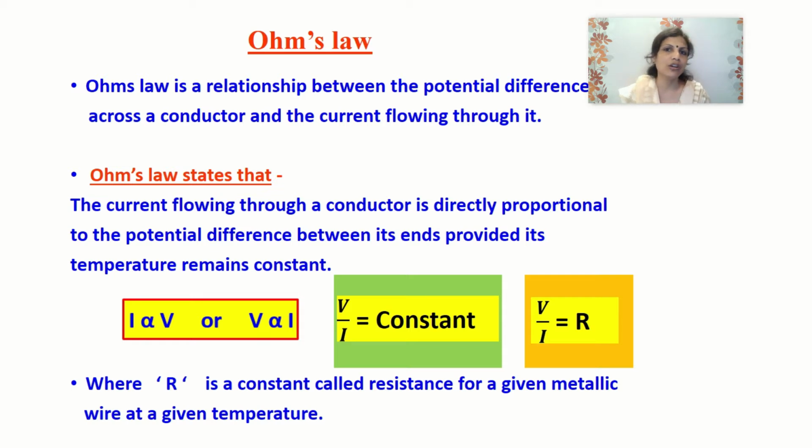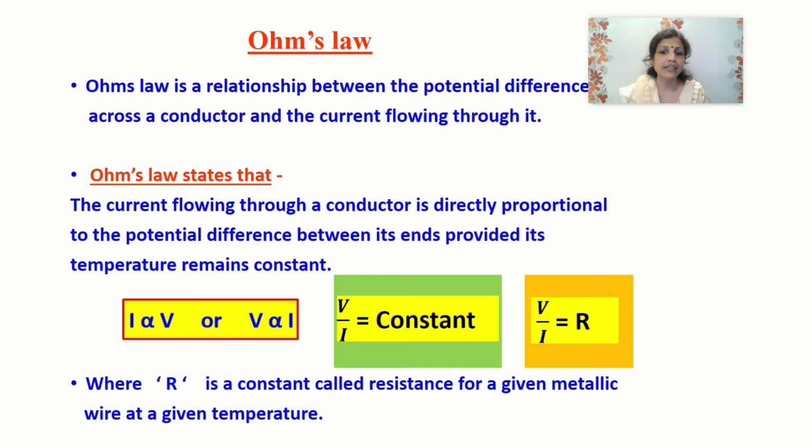Symbolically, we can write the law as I directly proportional to V, or V directly proportional to I, where I is electric current and V is the potential difference between the two ends of the conductor.